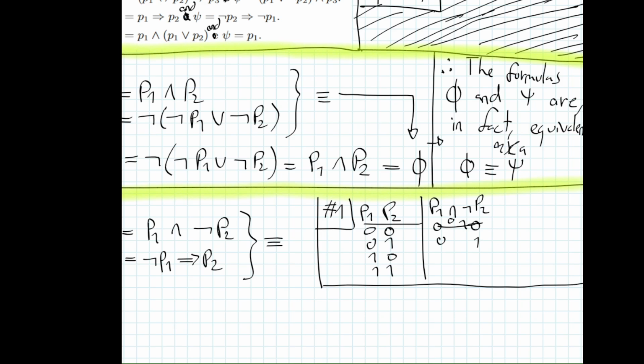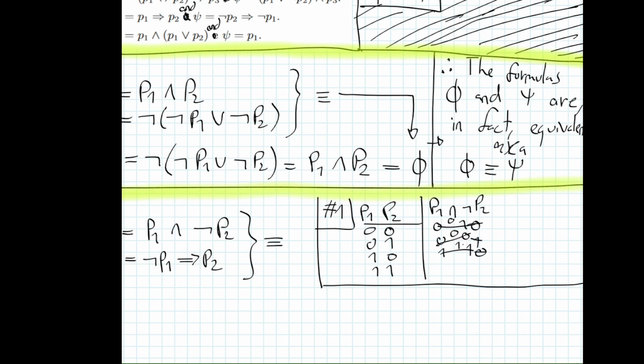For 0, 1, we get 0. Finally, for 1 and 0, the negation becomes 1 and the conjunction will be 1.